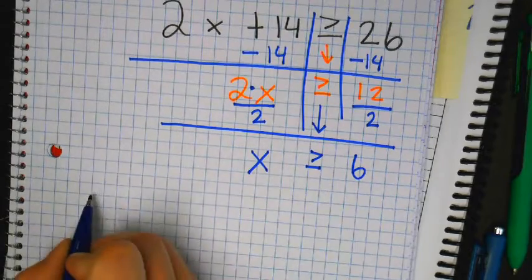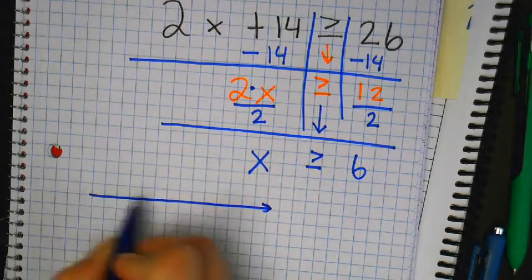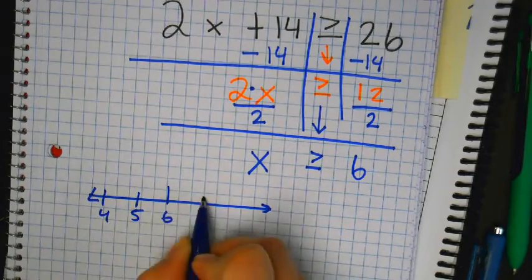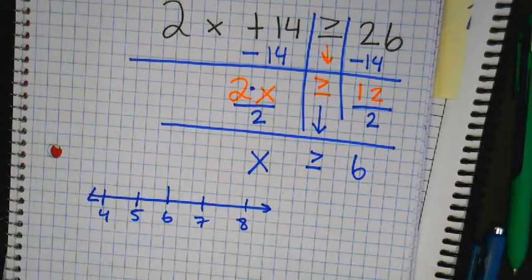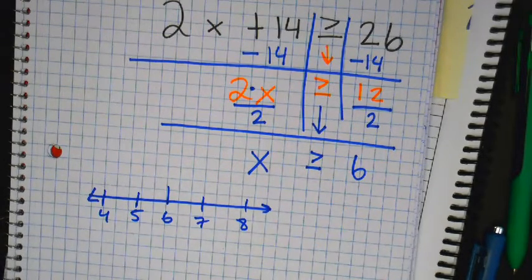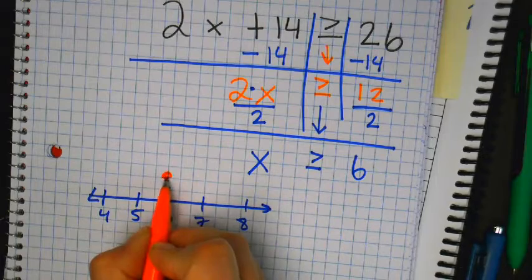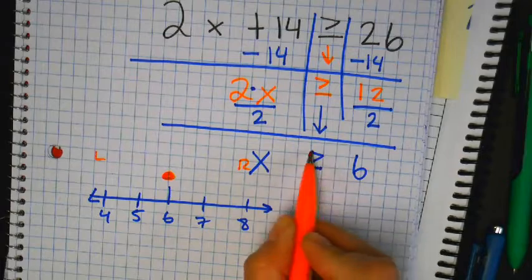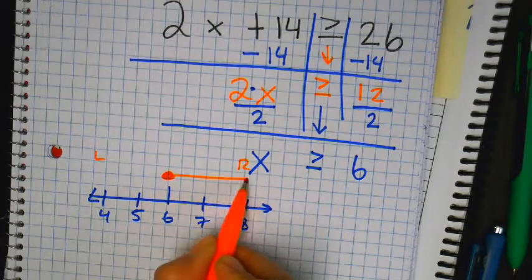If I were to graph it, we're not going to graph all of them today, I put the 6 in the middle, with 5, 4, 7, 8 around it. Am I going to have an open or closed circle? Closed circle. Very good, remember that. Which way do I shade? It is pointing to the right, so I shade to the right.